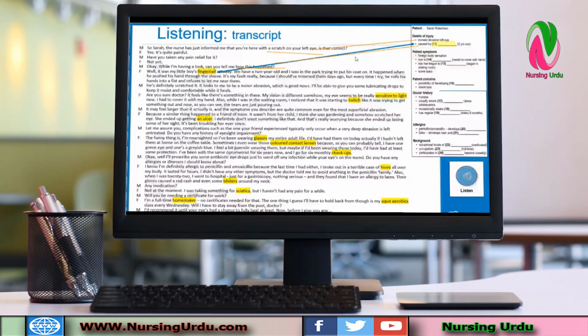She goes on to explain a little bit more about what happened, and the doctor gives this explanation of the fact that, yes, it's definitely scratched, okay? And then he gives her some treatment options, but she's not quite sure about that. And she says it feels like there's something in there. This signifies two things to us. It signifies that we're going to start talking about her symptoms.